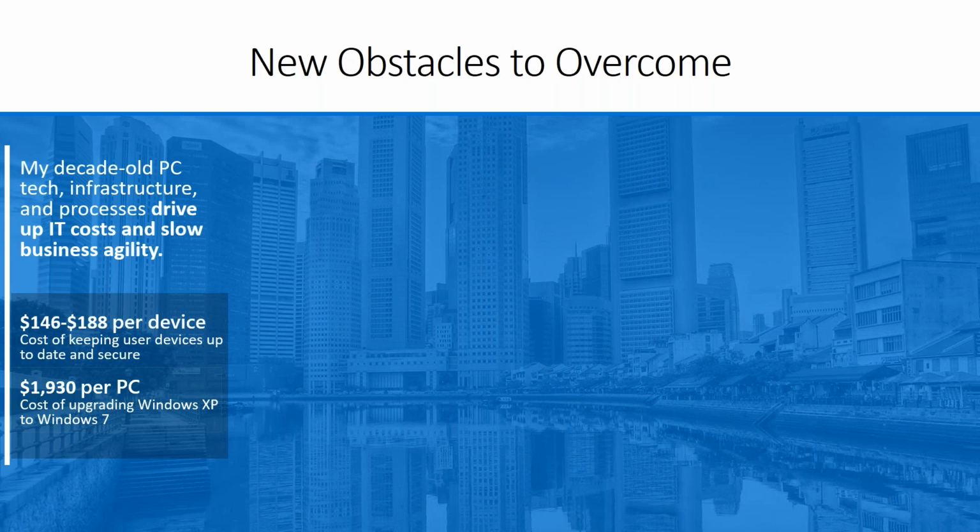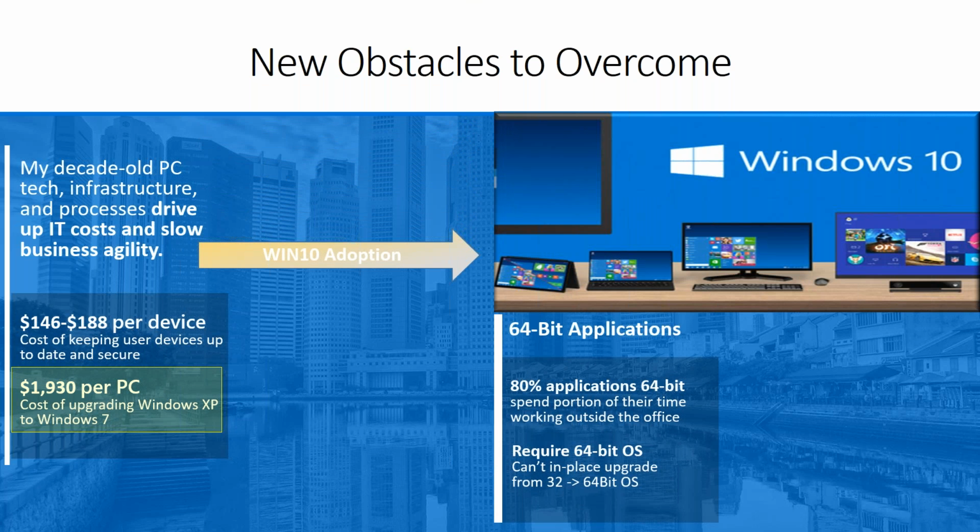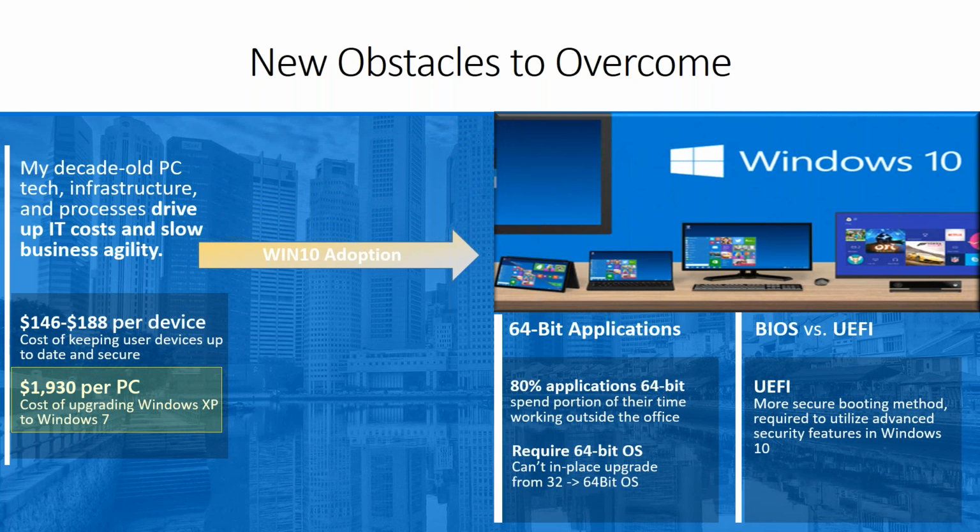So a couple of obstacles to overcome, which I think people need to understand: when you did that Windows XP to Windows 7 move, nobody really cared about the 32-bit versus 64-bit architecture. They were more concerned with whether their 32-bit apps would run on a 64-bit machine, but there wasn't a driving need to move. And of course, as we bring up today, BIOS versus UEFI.